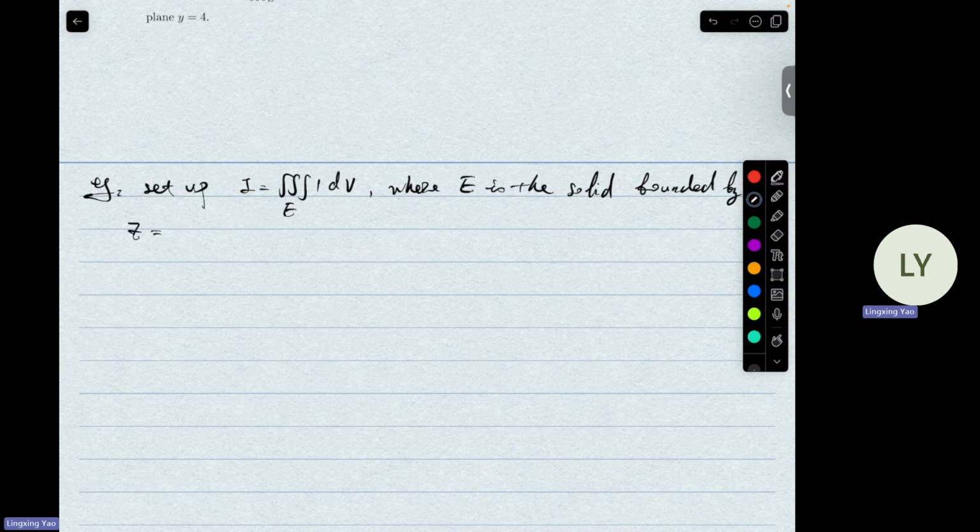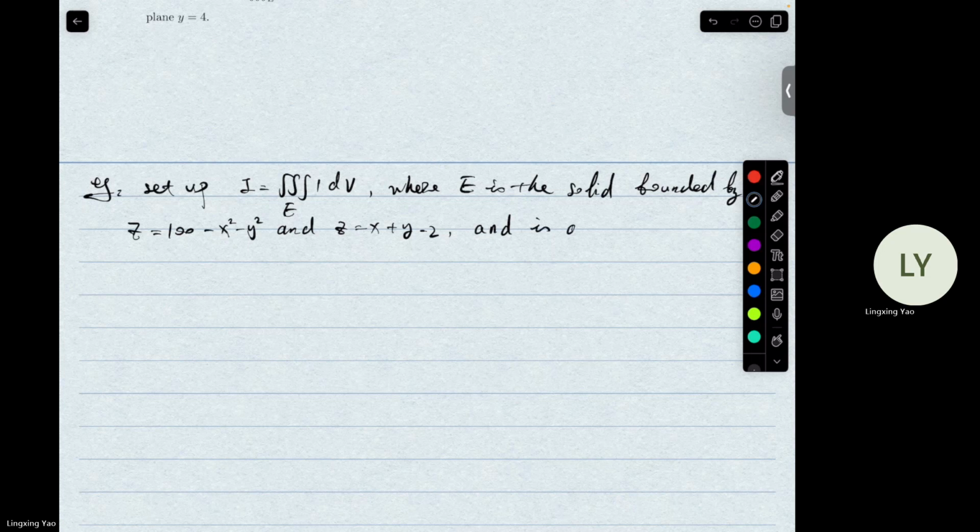The first is z equals 100 minus x squared minus y squared. And the second surface is z equals x plus y minus 2.